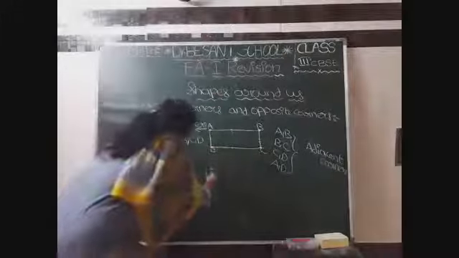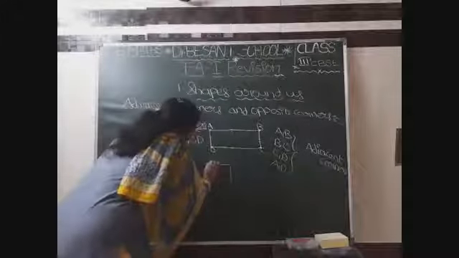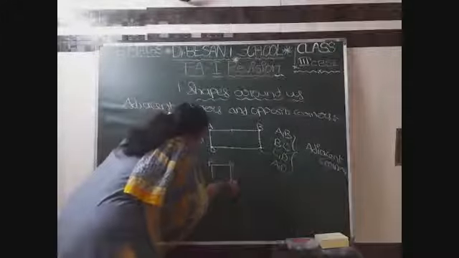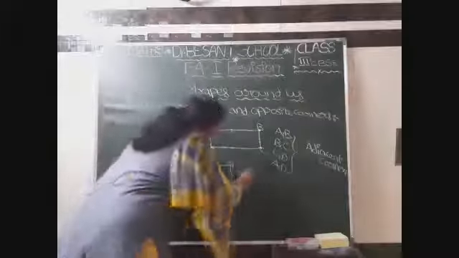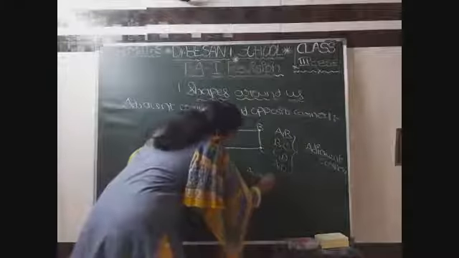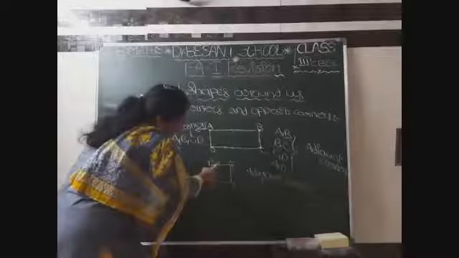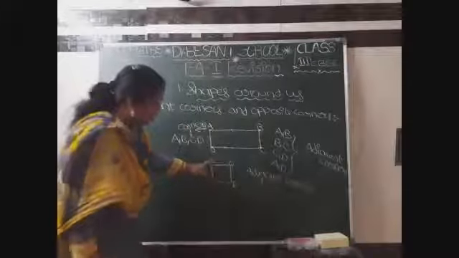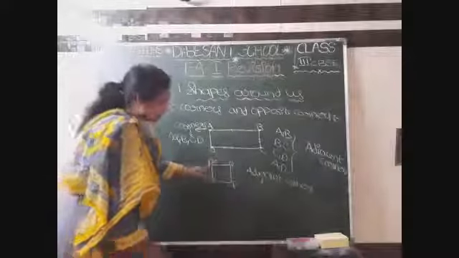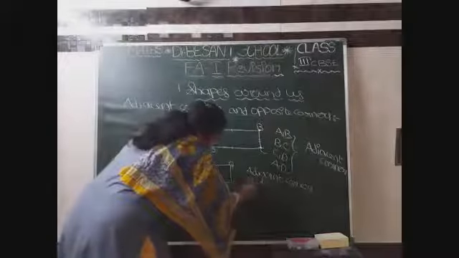Next, I am giving one more example. PQRS. Now can you say, children, what are the adjacent corners here? See, this side is shared by P comma Q corners. That's why P, Q are one pair.